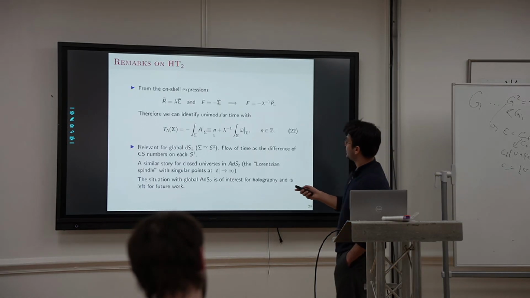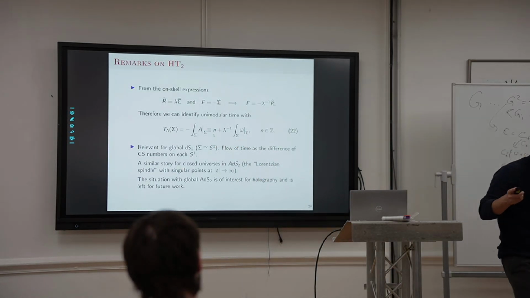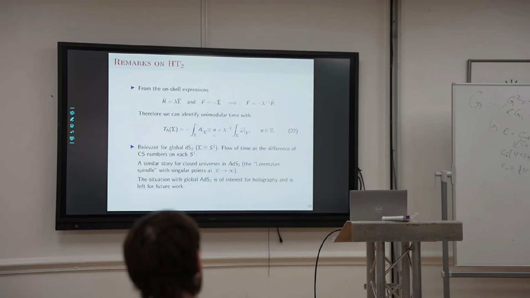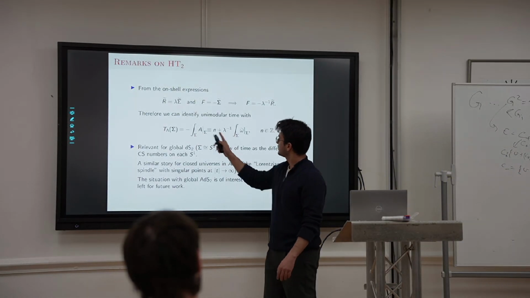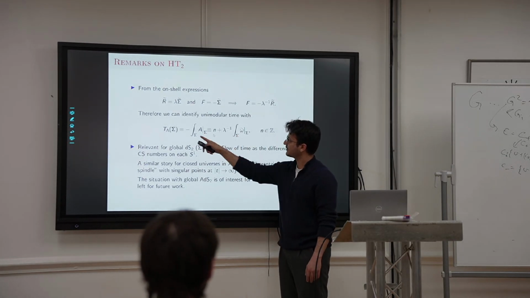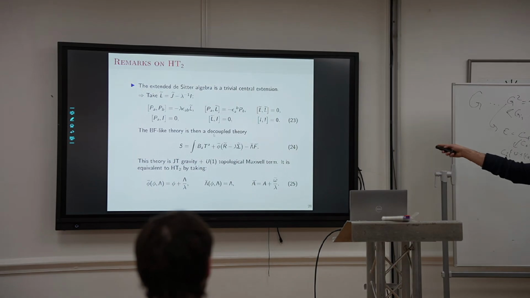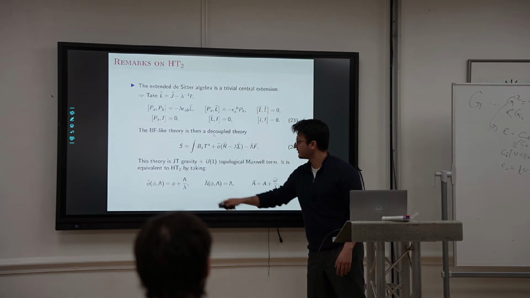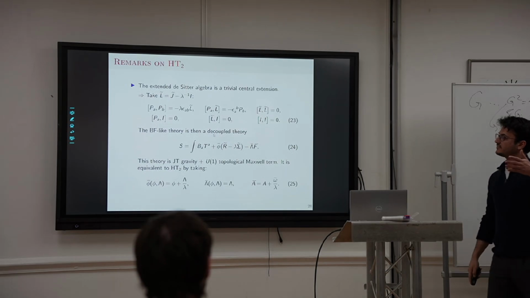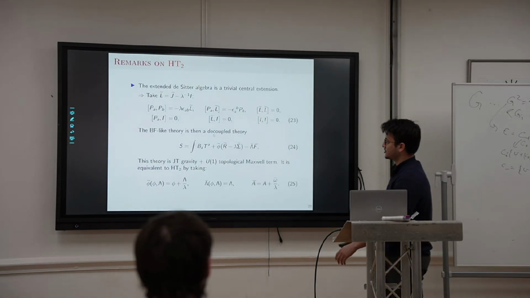And that's why you get this n here: if I integrate that d theta with large gauge transformations, I pick up windings. So that's telling you that A is related to omega tilde up to this integer n. But these theories are basically the same if you do this prescription 25. So you can view JT gravity plus U1 topological Maxwell as HT2, which is quite cool, I would say.